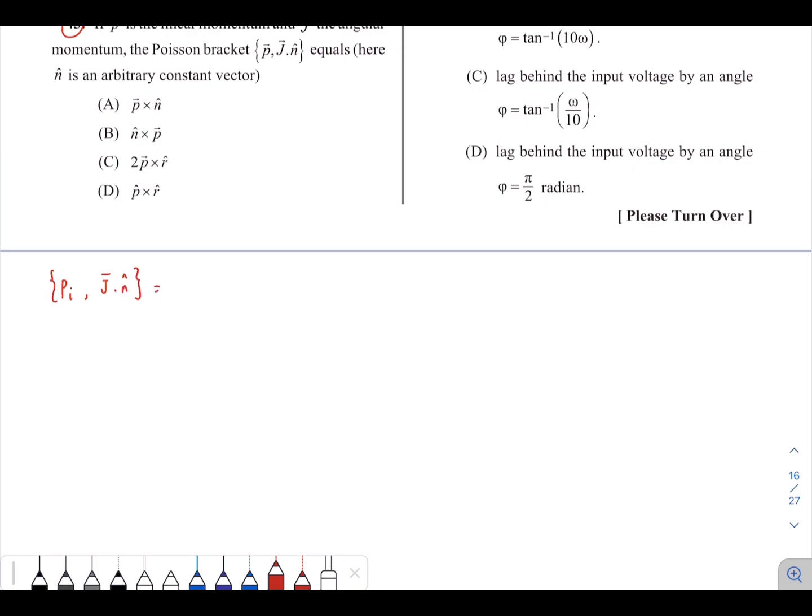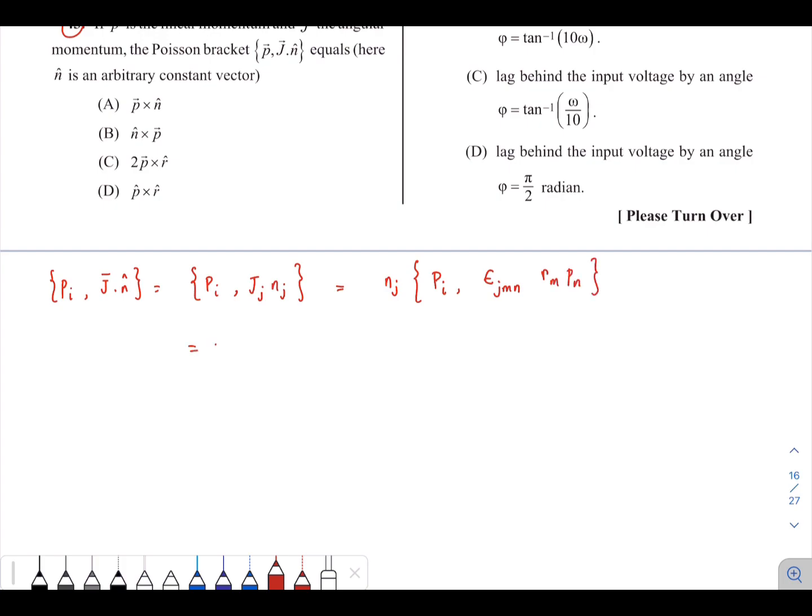The idea is to use the component notation. So Pi and J, and Einstein summation convention is implied. We can take nj out, and now we use the definition of J, that is epsilon_jmn r_m p_n.